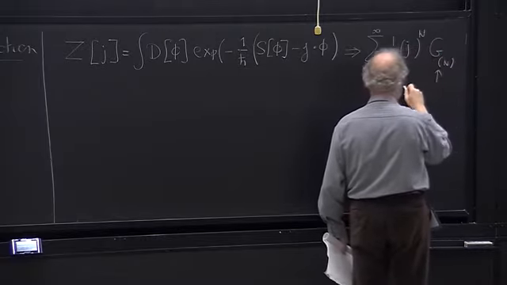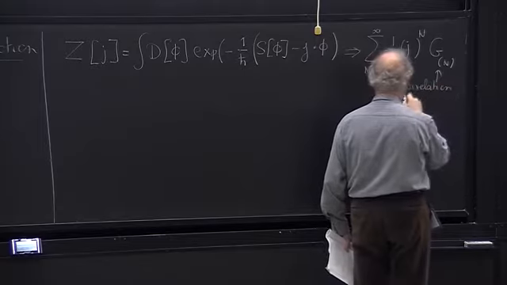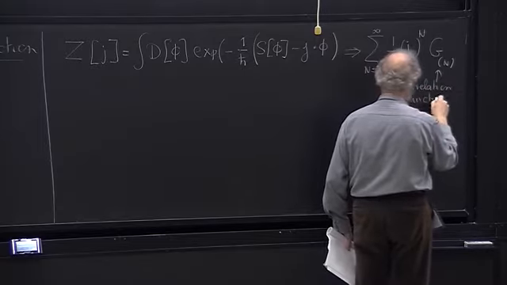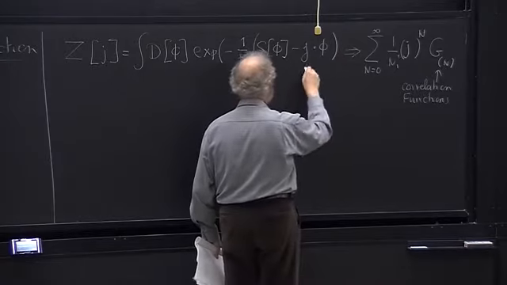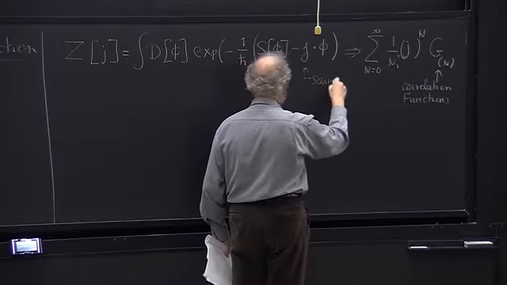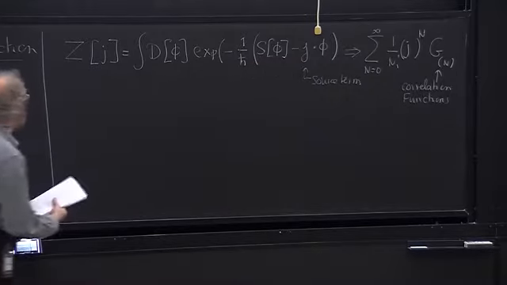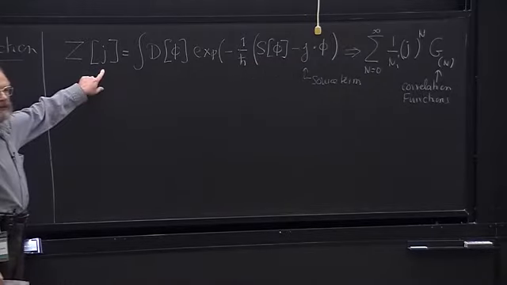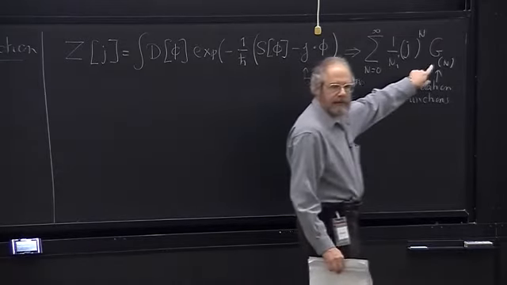This is the correlation function. And G is a source term. Okay. So that by taking functional derivatives of this object with respect to G, you get the correlation functions.